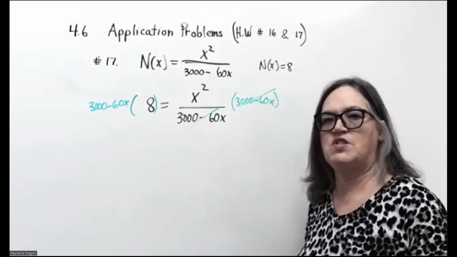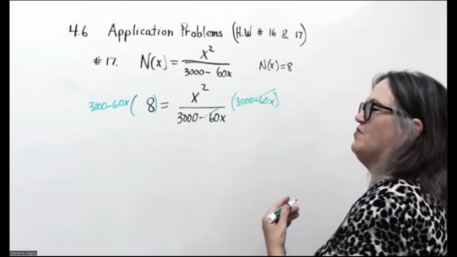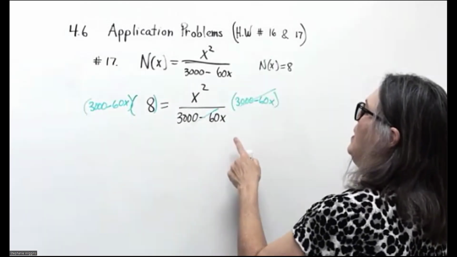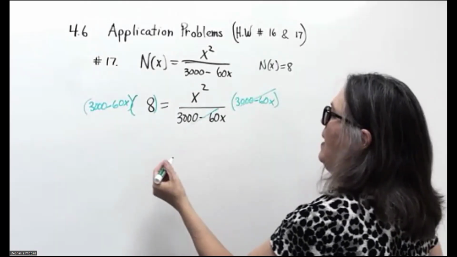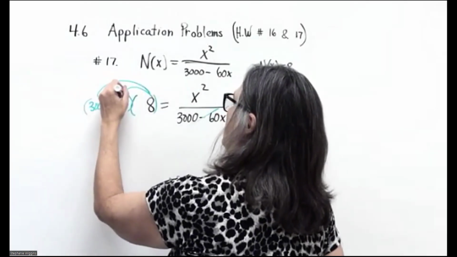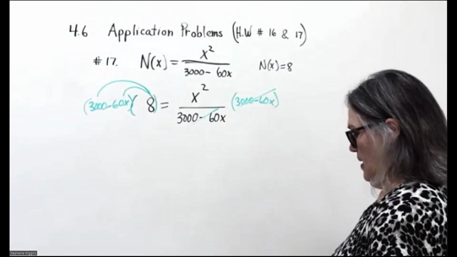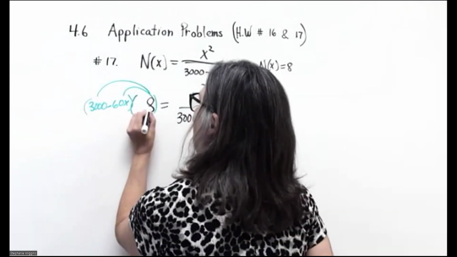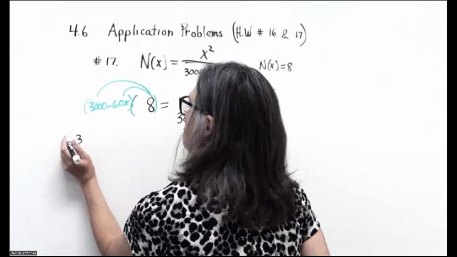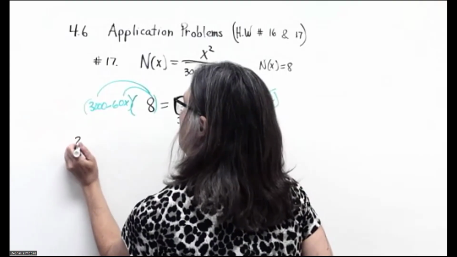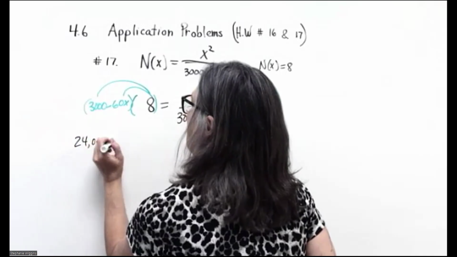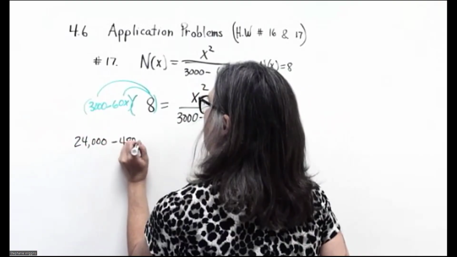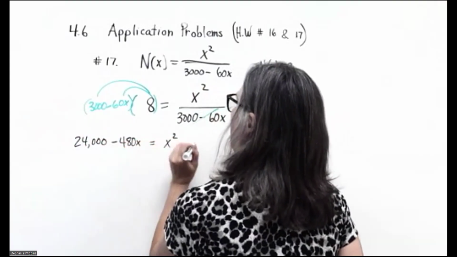By the way, you can solve this using your graphing calculator too. I just find it easier to do it this way. Now I've gotten rid of my denominator. I'm going to distribute this 8 through, and that gives me 24,000, because 8 times 3,000 is 24,000, and then minus 60 times 8 is 480, so minus 480x, equal to x squared.